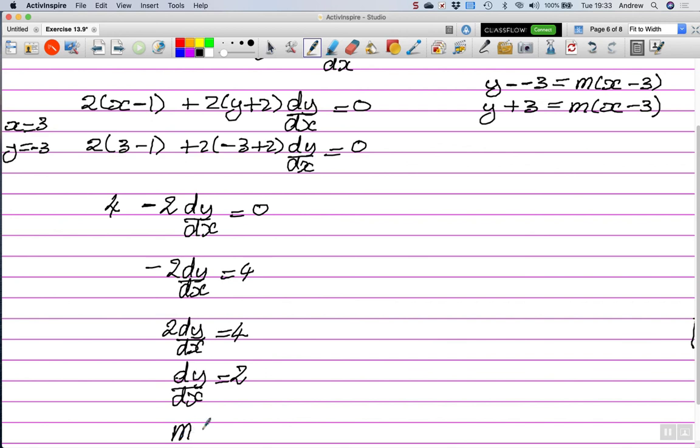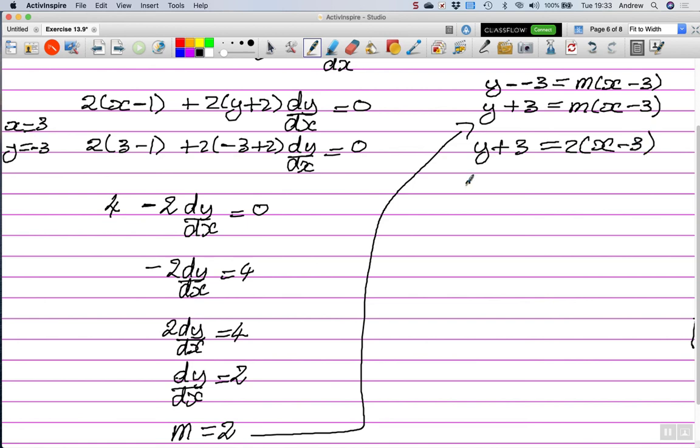Let's not forget that dy/dx is the slope function, so we've now got the value for m, which is 2. We put that into the equation: y plus 3 is equal to 2(x minus 3). So y plus 3 is equal to 2x minus 6. This time I'm going to leave the y on the left-hand side and bring everything to the right-hand side. So y is equal to 2x minus 9.